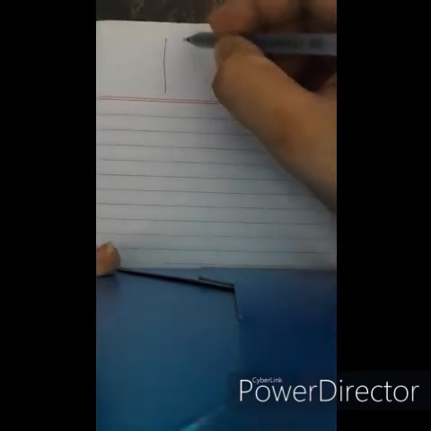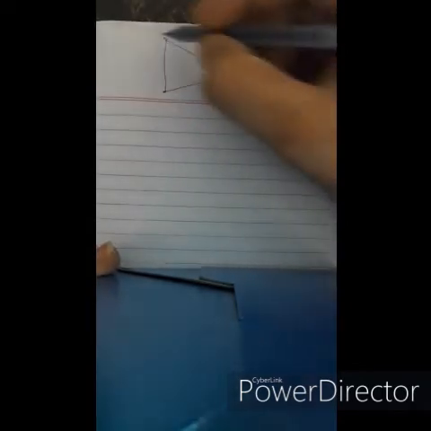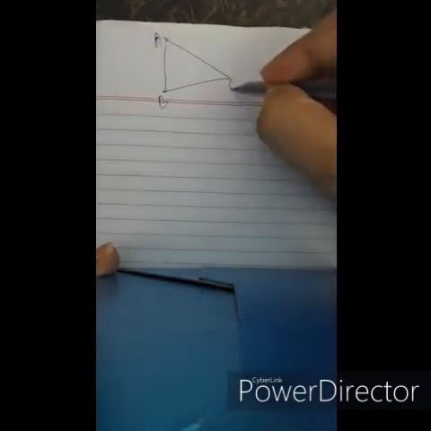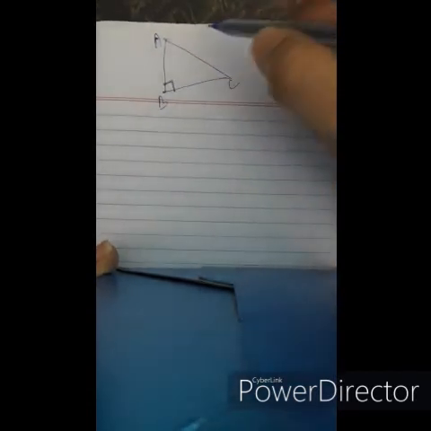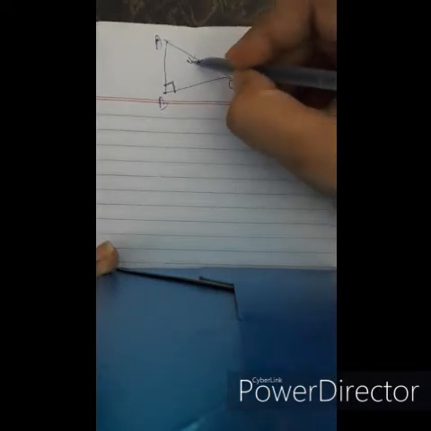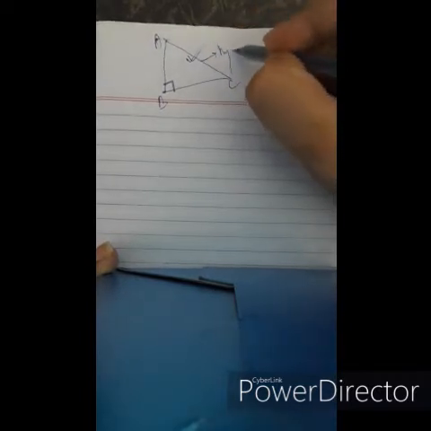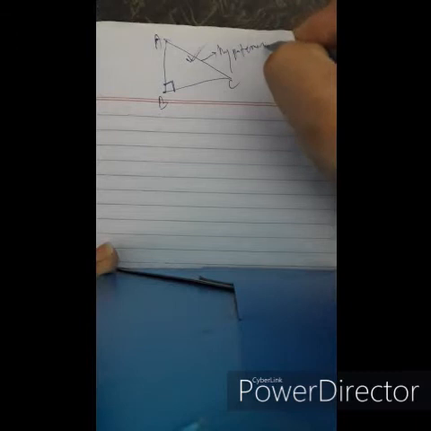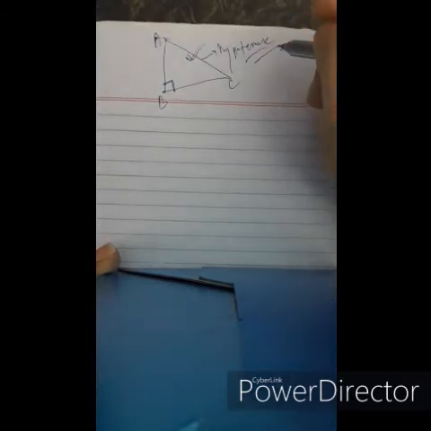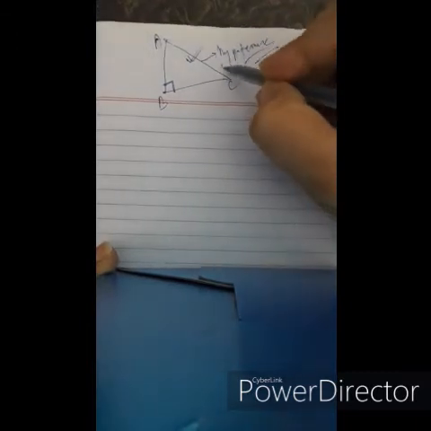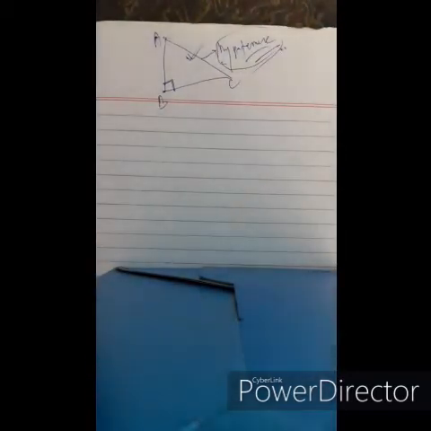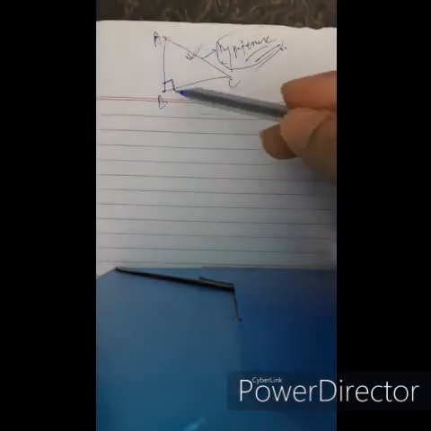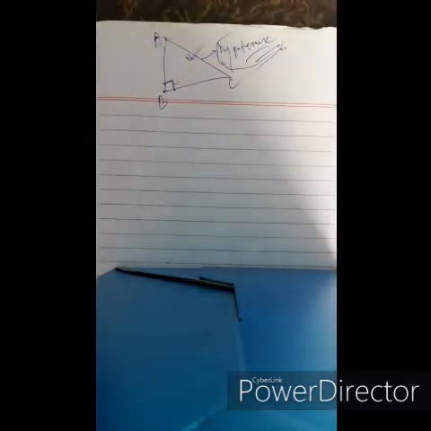Suppose this is a right angle triangle ABC, right angle at B. The side opposite to the right angle is known as the hypotenuse. The hypotenuse is the largest side of the right angle triangle. Always we have to remember this.